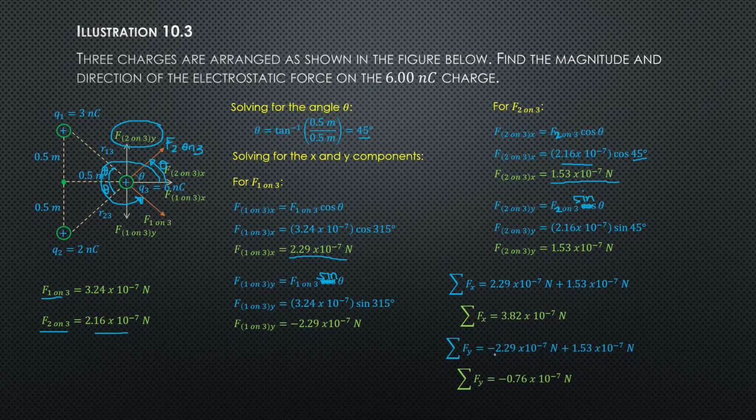Summation of forces y: negative 2.29 plus positive 1.53 gives negative 0.76 times 10 to the negative 7 newtons.